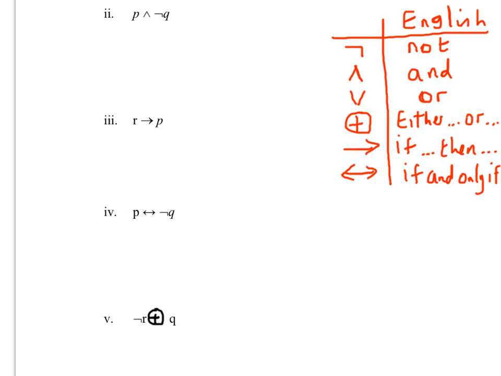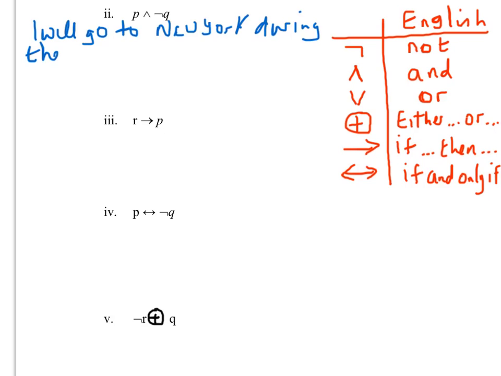P is the proposition, I will go to New York during the summer holidays. Excuse the writing. Now if you look at the connective next and read it from the table, that's the and connective, so I write down the English and.